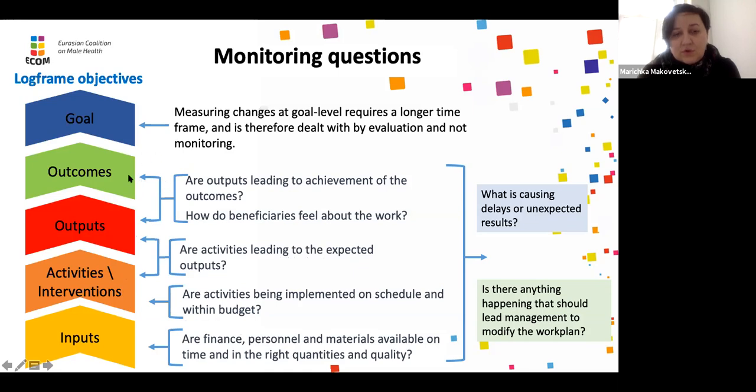Then if you go up to the level of outcomes, again, you're still thinking if your outputs are leading to achieving your outcomes. It's very often that organizations make the same mistake when they plan the activities. Sometimes they forget to have this logical line where you have inputs, activities, outputs and outcomes that logically lead to your goal.